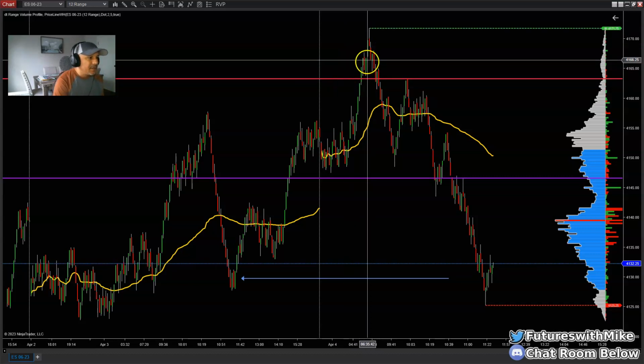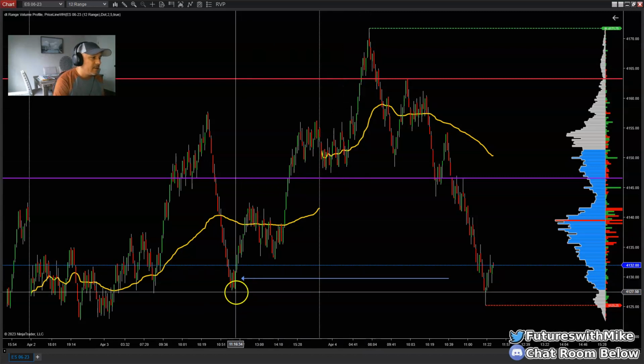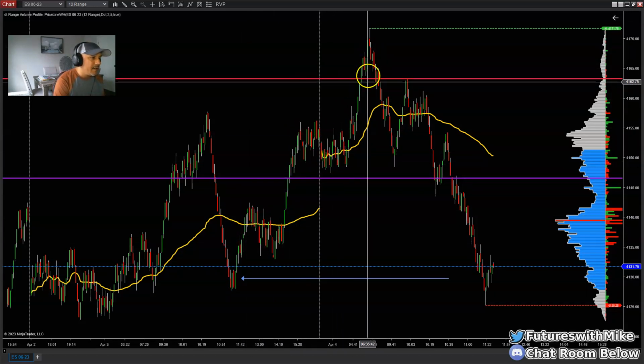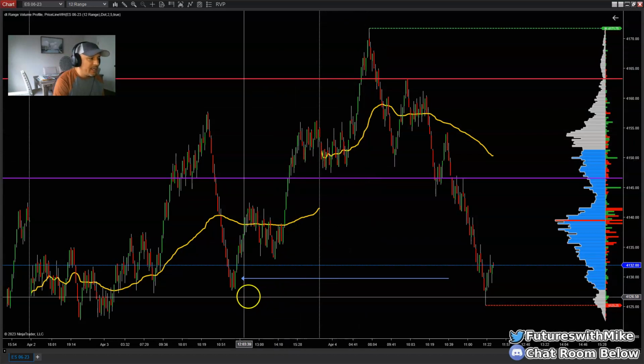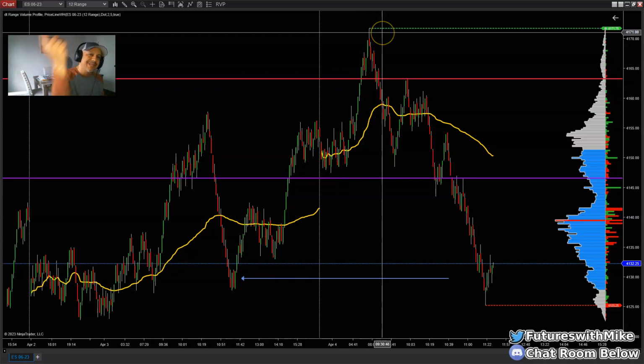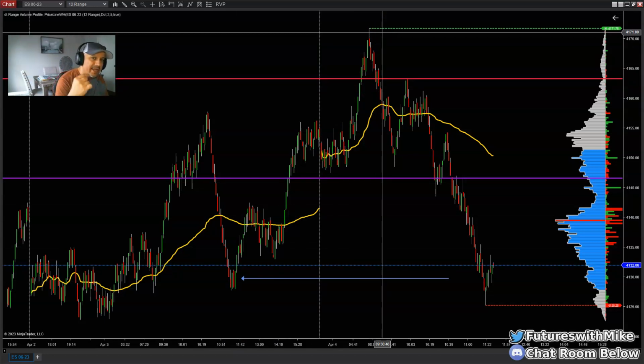But look, what I'm trying to reference is this right here. Price pushed up, pulled back, pushed up, pulled back, and broke higher right here. Liquidity, liquidity, and liquidity. Three areas of liquidity as price retraced back to the supply area on the 60 range chart.